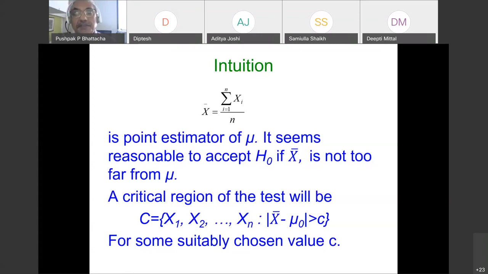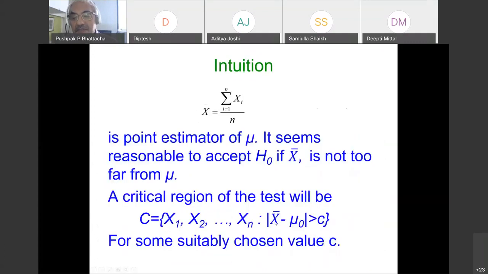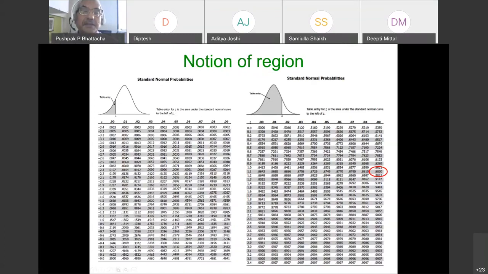So for this concept of region, that some probabilistic quantity is close to another probabilistic quantity, we have the mechanism of the standard normal variable and the area under that standard normal curve.